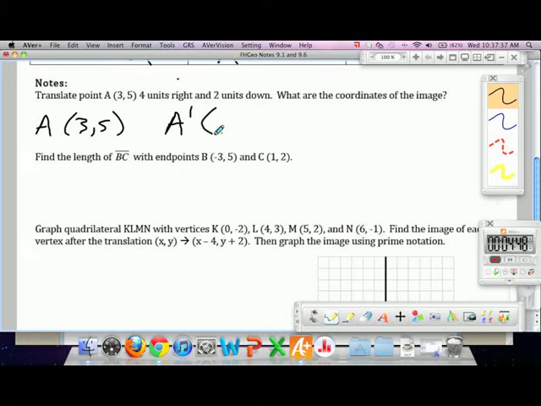So I'll take the x coordinate and add 4, so I'm going to the right. And I'm going 2 down, so y is talking about up and down, so I'll take the y coordinate, and how do I go down? Subtract. So I'll take the y coordinate and subtract 2.